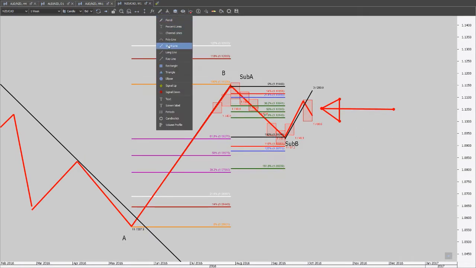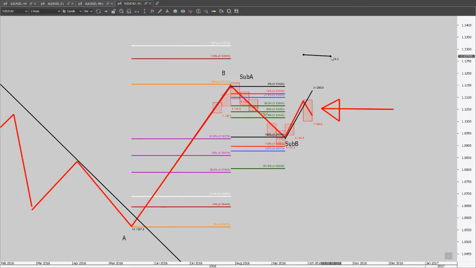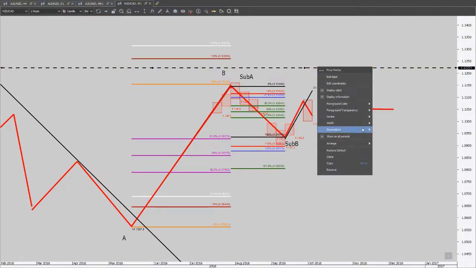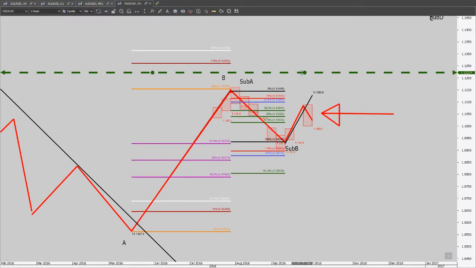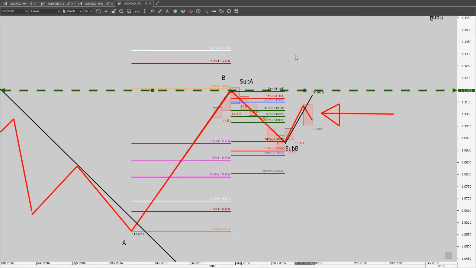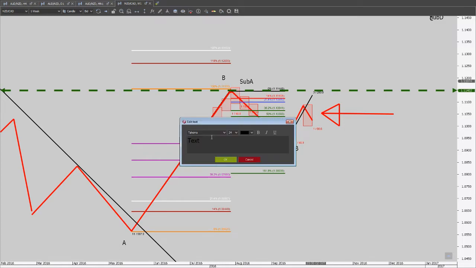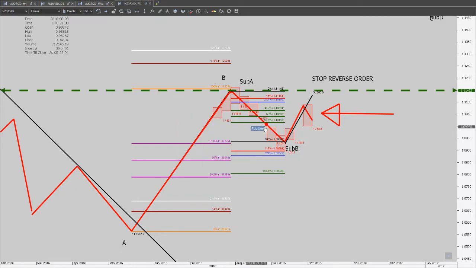Everybody remember this, not this line. Have a stop reverse order. Have a stop reverse order on the sub A. Okay, so stop reverse order. What does this mean?